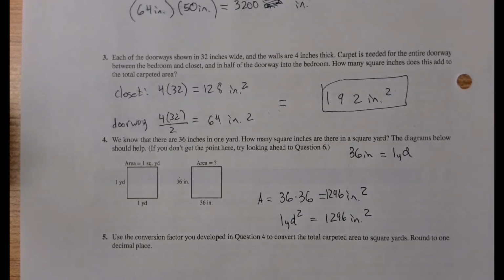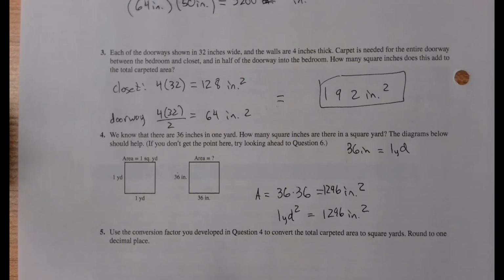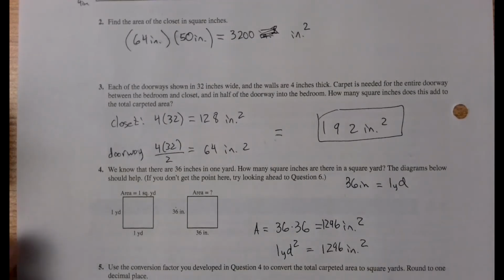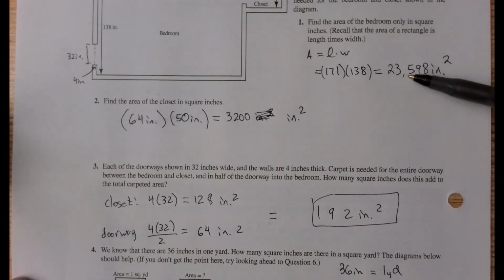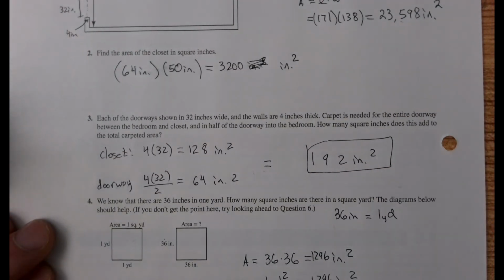All right, so we're going to use that to convert the total carpet area from above into square yards, to compare it to our estimate. We need to add together the 3 calculations that we have: the bedroom, the closet, and the doorways. So 23,598 inches squared plus 3,200 inches squared plus 192 inches squared.